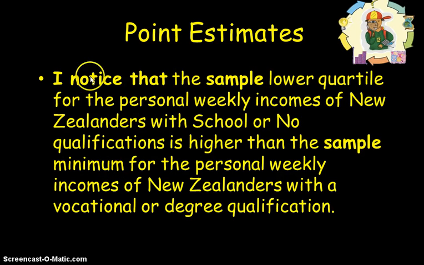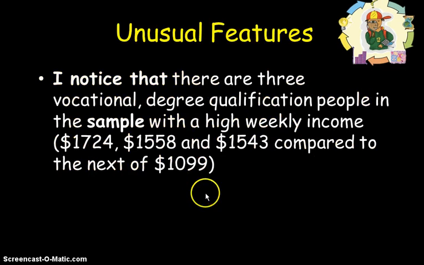Next one, again, point estimates. This is again comparing the lower quartile to the minimum. And unusual features, these are normally like the extreme values. This one, there are 3 quite high wages in the extreme values, and then they go down to this 1099.